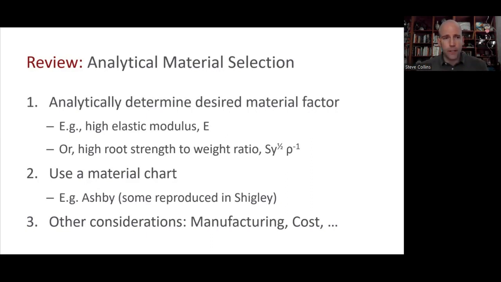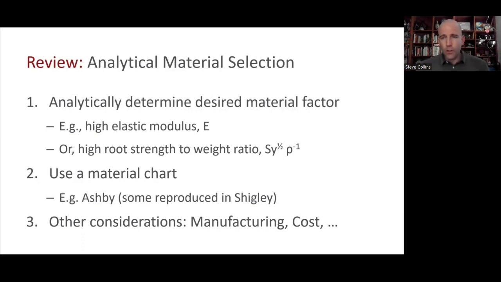Once we have that material factor, we will use a material chart to find some candidate materials that have good values of those properties and their ratios. These are charts that were popularized by Ashby. Some of those are reproduced in Shigley, some in our topic reading, and you can find versions of them all over the internet these days.